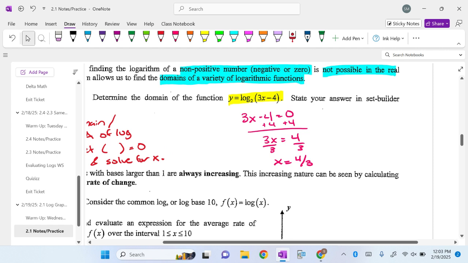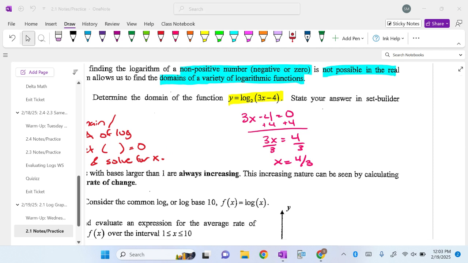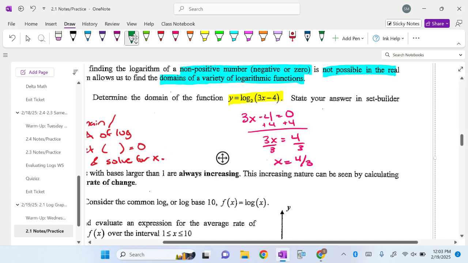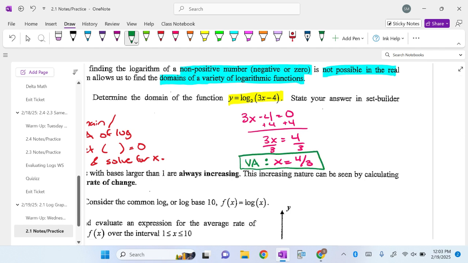So this is actually the line for the vertical asymptote. This is where my vertical asymptote is, because that's the line it's not going to cross. That's going to be our lowest x value.